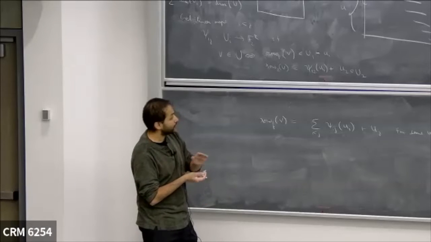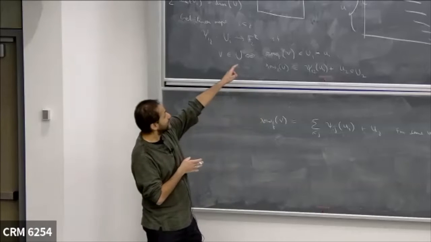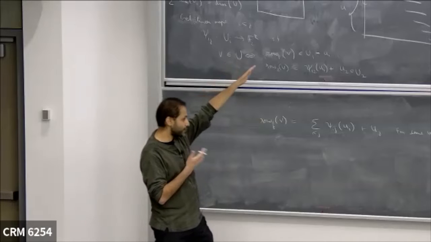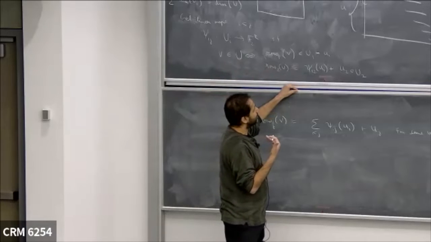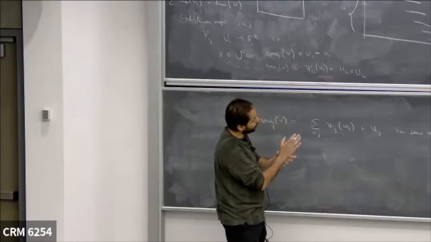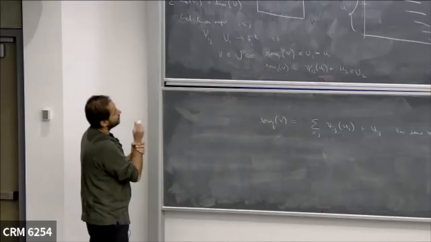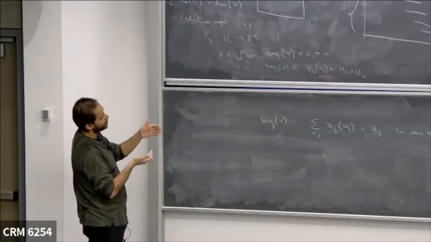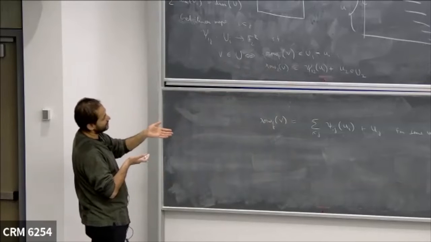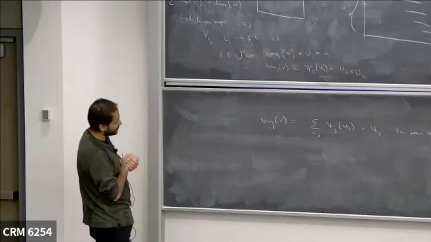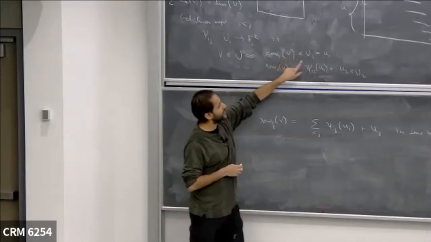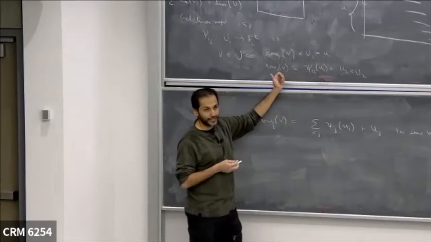On the other hand, you've already had to make some choices to check whether x tensor y lies inside the space U. You have to pick the U1 that makes this equality, you have to pick the U2 that makes this equality, and so on.